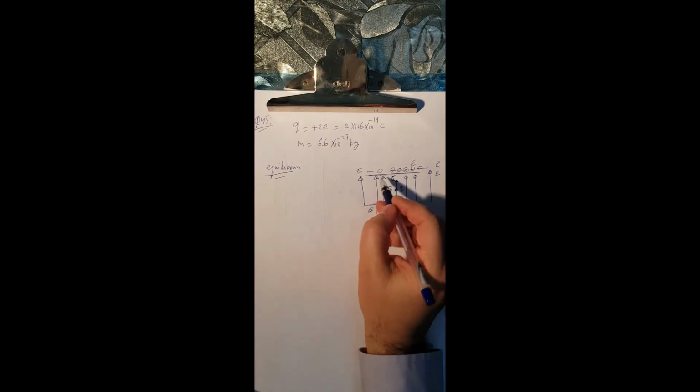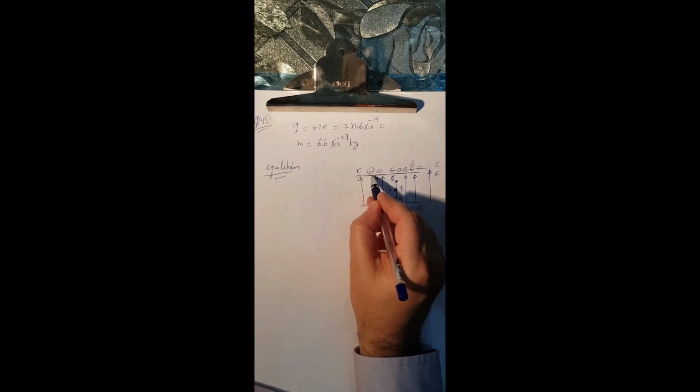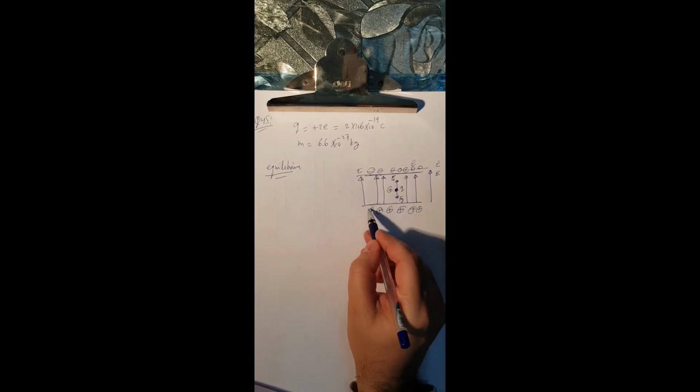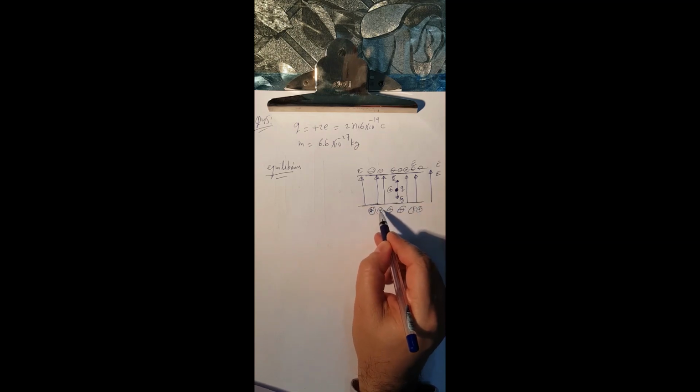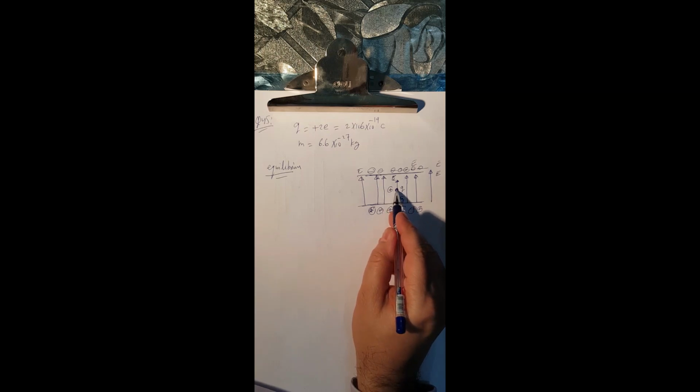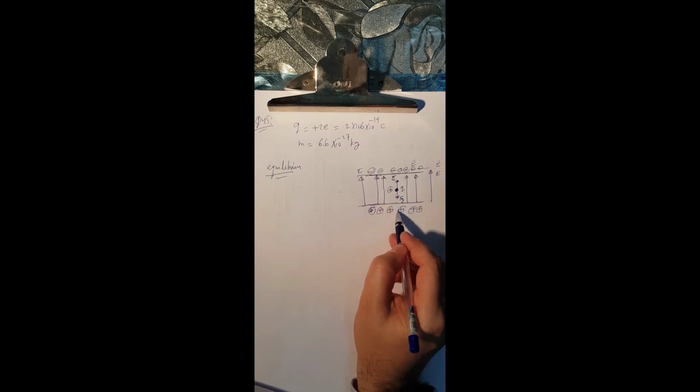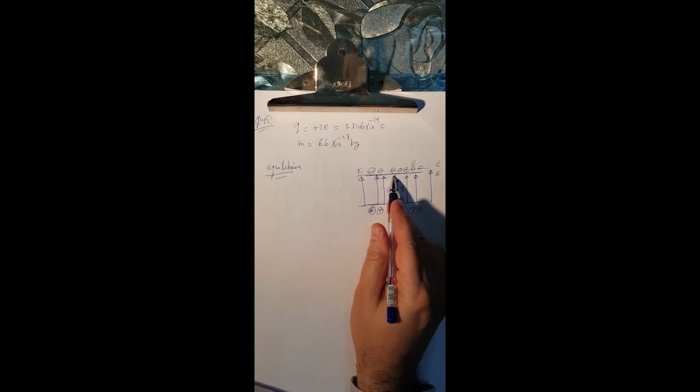So here we have the negative plate. Here we must have the positive plate. Now, why does this one have to be positive? Because the charge is positive. So if the charge is positive and this is positive, we'll have a repulsion force up.